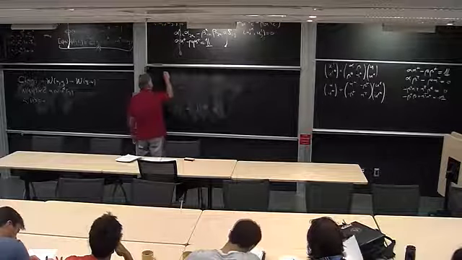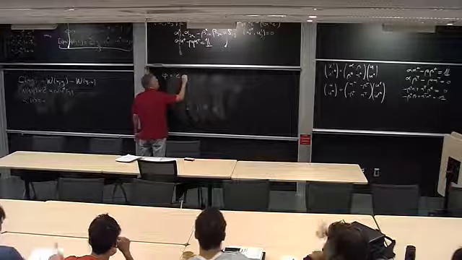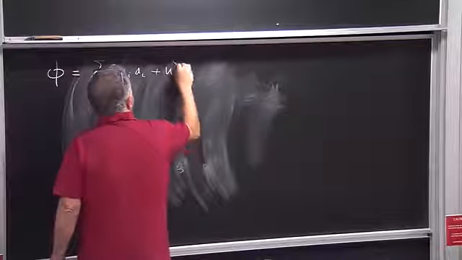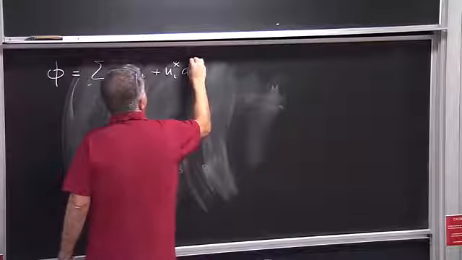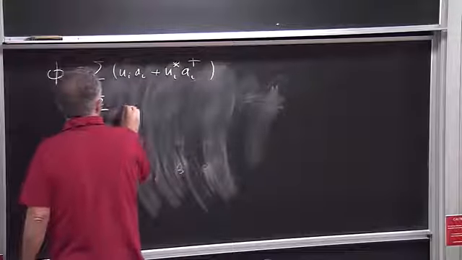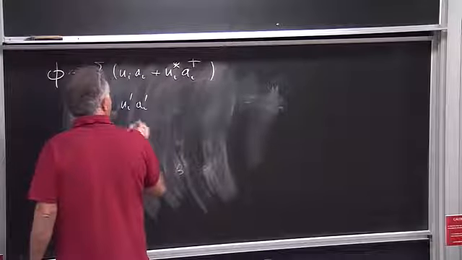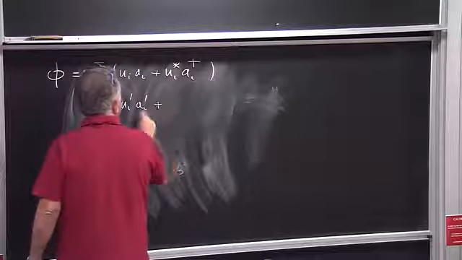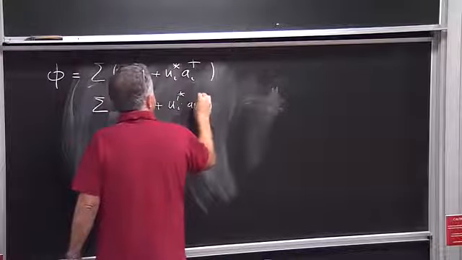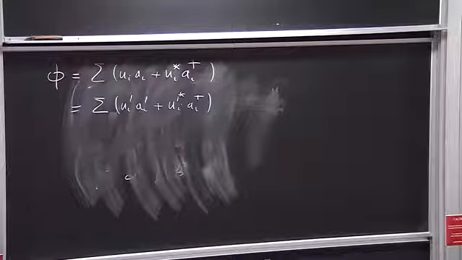If you write the field expansion as the sum of u a plus u star a dagger, you can also write it as the sum of u prime a prime, another creation annihilation operator, u prime star a prime dagger, and these have to be equal at the algebraic level. Okay.